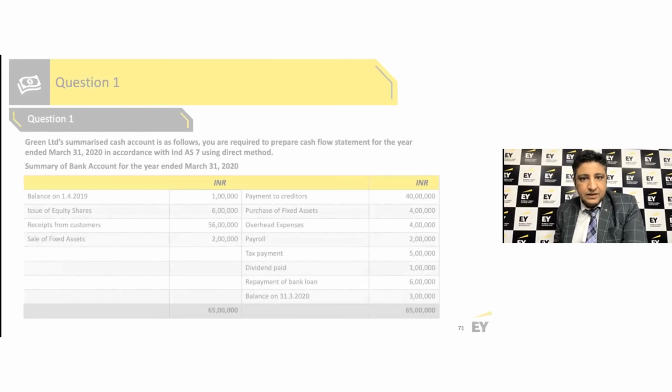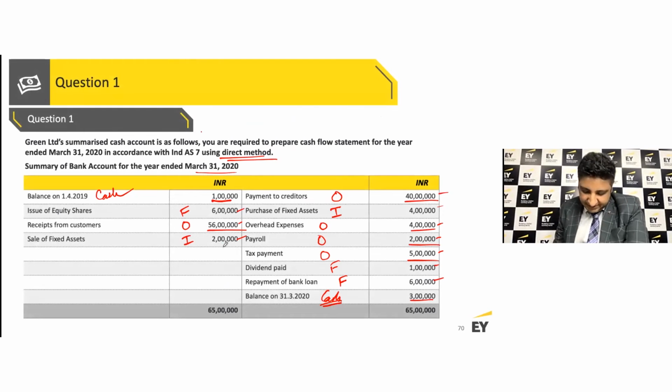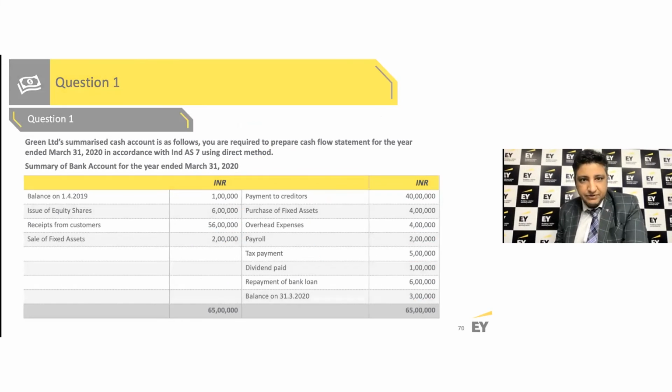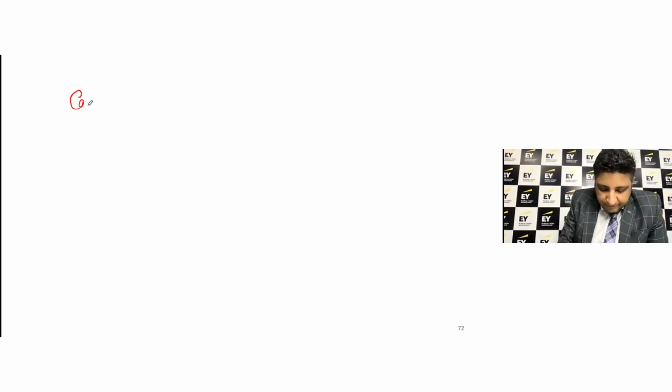Now, when you look at the investing activities, there is a sale of fixed assets of 2 lakh, and also there's a purchase of fixed assets of 4 lakhs. So what we do is we take the second heading, cash flows from investing activities.